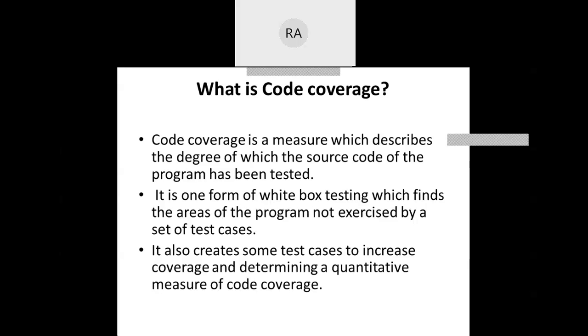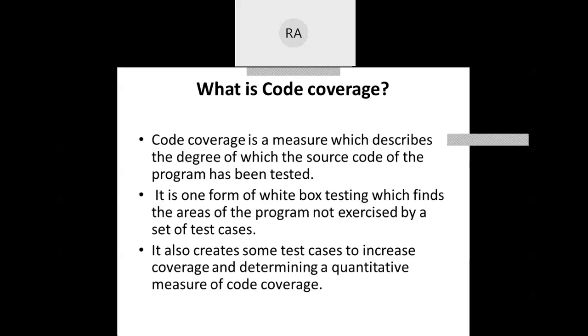Such uncovered parts of the code can be found by going for structural testing or white box testing. If I go for white box testing, I can increase the number of test cases in order to have more coverage with respect to testing.